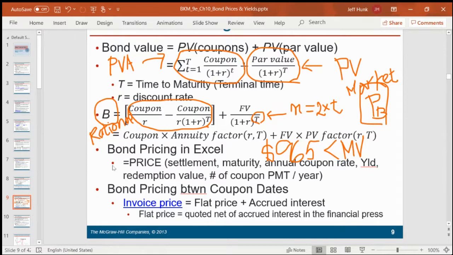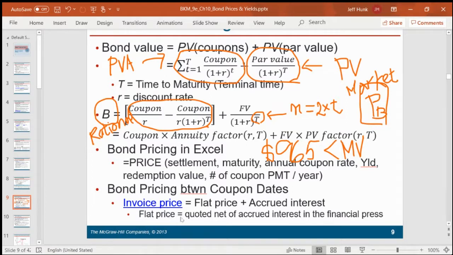So actually, what you will pay will be the clean price, or the flat price, plus the interest accrued, right? That's called the invoice price. Okay, and the invoice price is also called the dirty price. That's interesting, right? It's called dirty price.